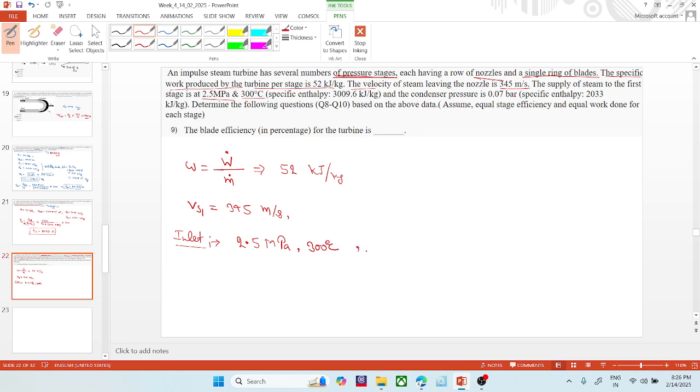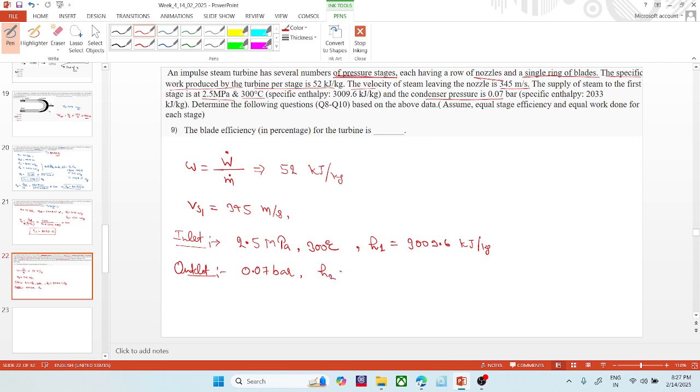The specific enthalpy at inlet at this condition, H1, they have given as 3009.6 kilojoule per kg. Okay, and at the condenser pressure, meaning at the exit or outlet condition, they have also provided 0.07 bar.